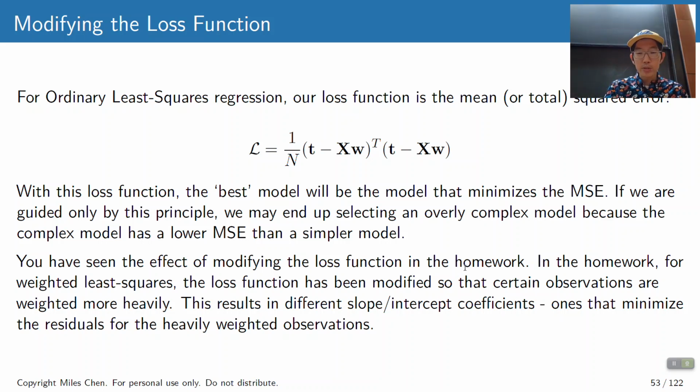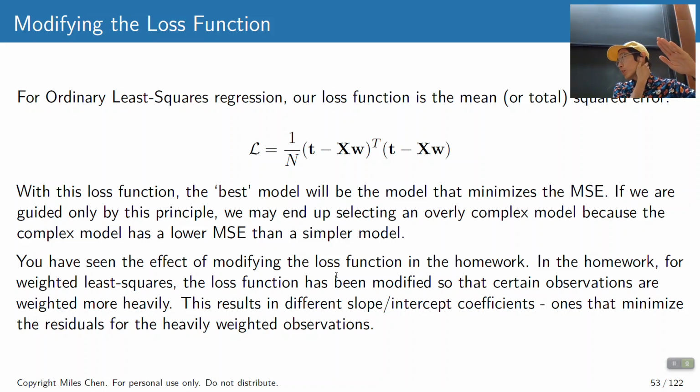What we want to do is modify the loss function. You've seen the effect of modifying the loss function in your homework, right? Right now you're doing what happens when you have weighted least squares. When you adjust the weights, regular ordinary least squares says we're going to try to shrink the residuals on all of our data.